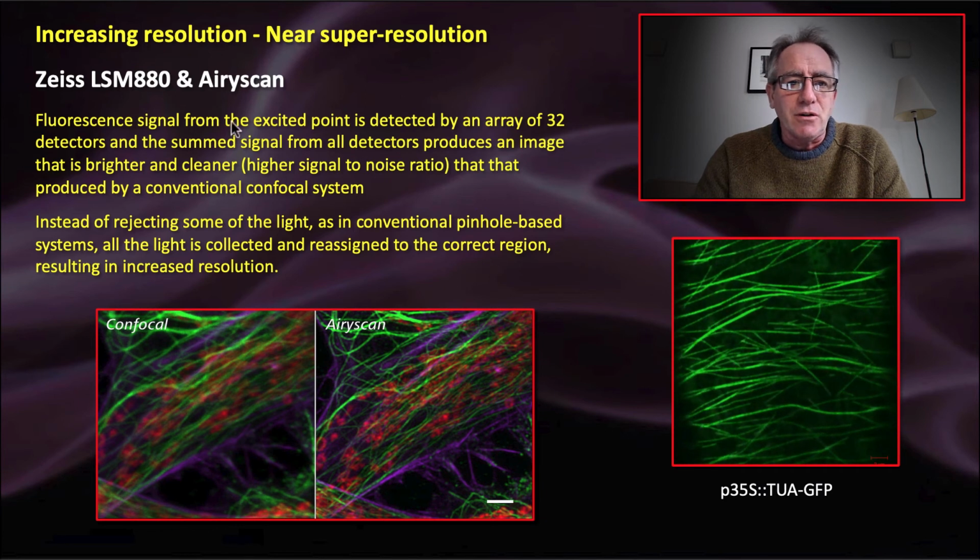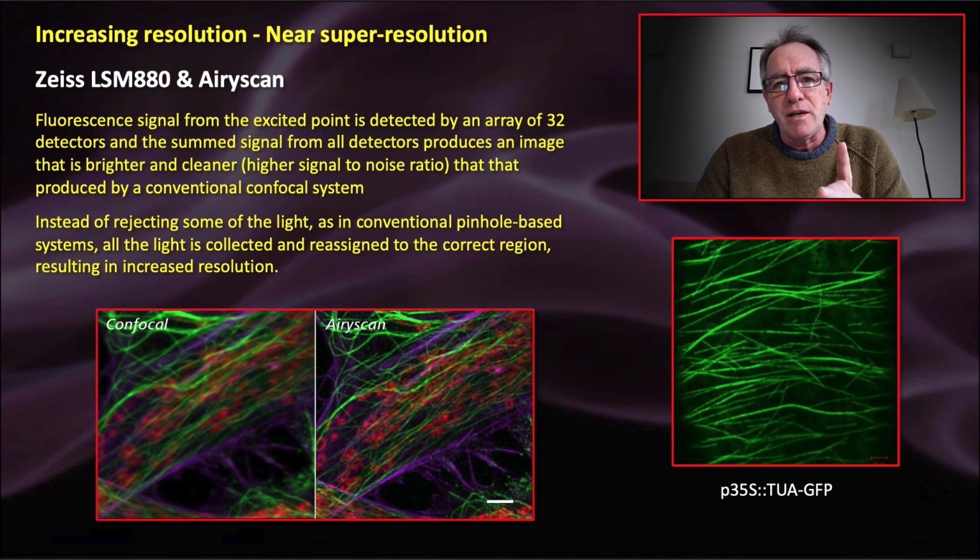Fluorescent signal from an excited point is detected by an array of 32 detectors. So that's different from a standard confocal microscope, where the excitation point sends up a signal which is detected after passing through a pinhole into a single detector.